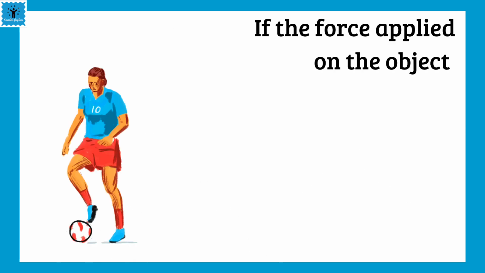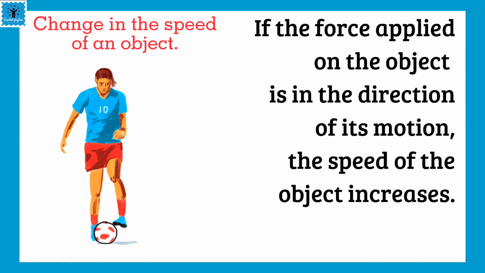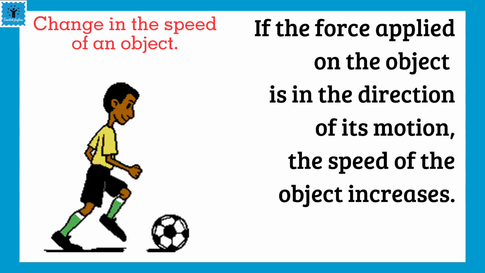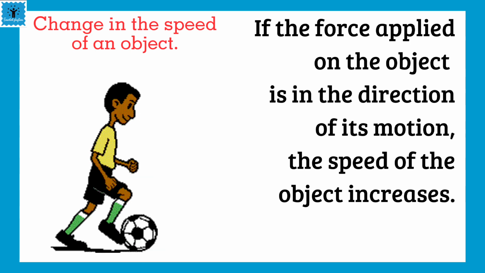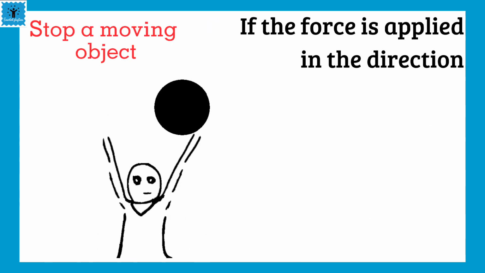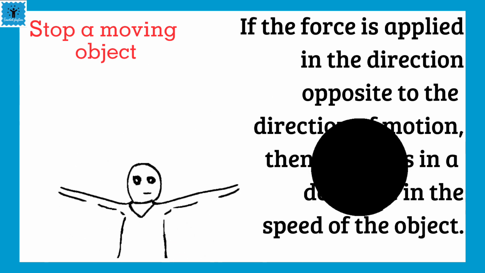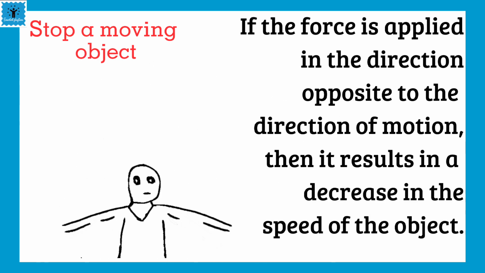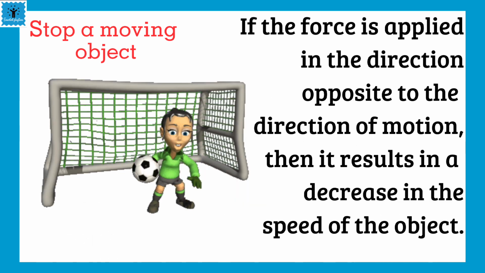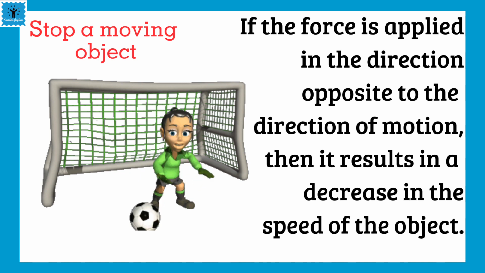If the force applied on the object is in the direction of its motion, the speed of the object increases. Like in the first case, when the player kicks the ball, the speed of the ball increases. But if the force is applied in the opposite direction, then the speed of the object decreases. Like when the goalkeeper stopped the ball, the speed of the ball reduced to 0.